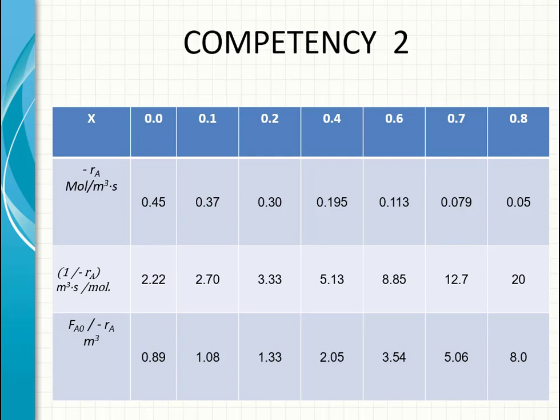And then the next row is 1 divided by the rate, which is 2.22 when X equals 0.0, and 20 when X equals 0.8. And the last row is FA0 divided by minus rA, which is 0.89 when X equals 0, and is 8 when X equals 0.8.